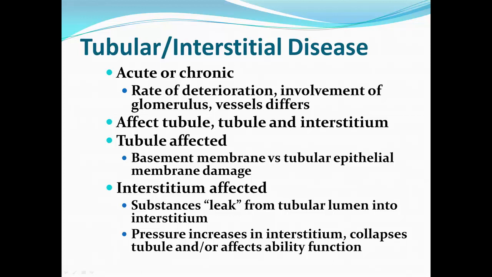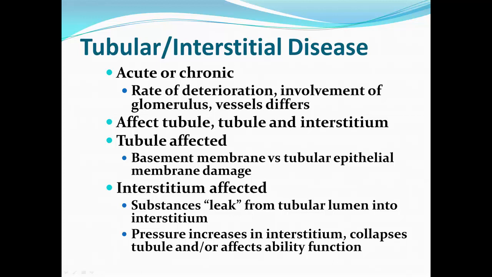In an acute tubular interstitial disease, there is a rapid deterioration of the tubular mechanism. Lymphocytes tend to invade the tubules, but the glomerulus and the vessels are spared in this pathology.